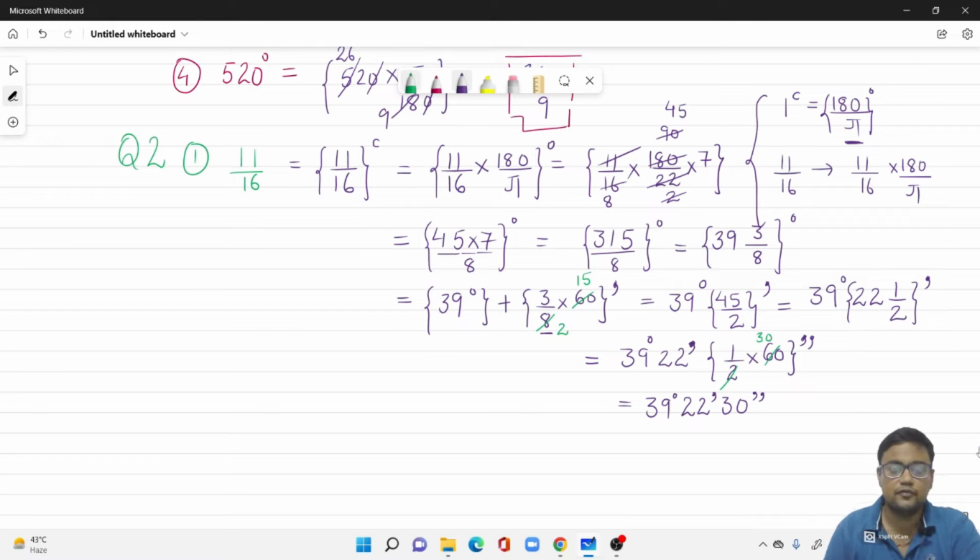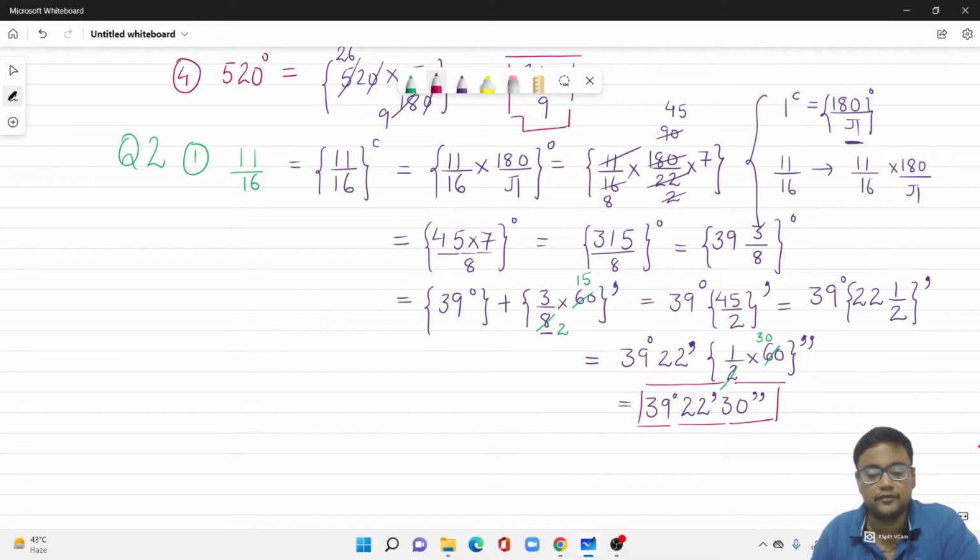So this is how you have obtained radians into degrees, minutes and seconds. Leaving the answer would have been only halfway right. We would have only done the question correctly up to the halfway point, because we were supposed to get from these degrees.